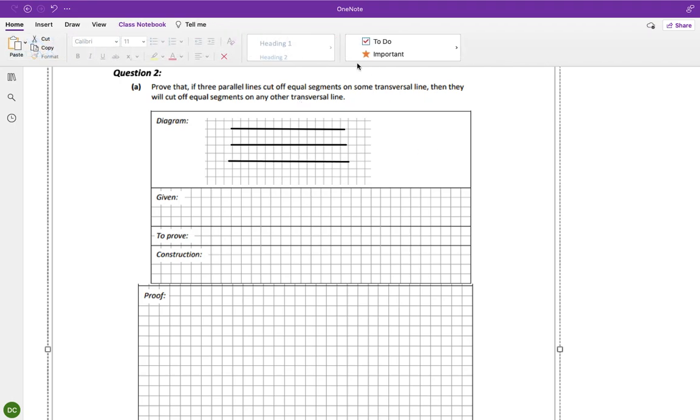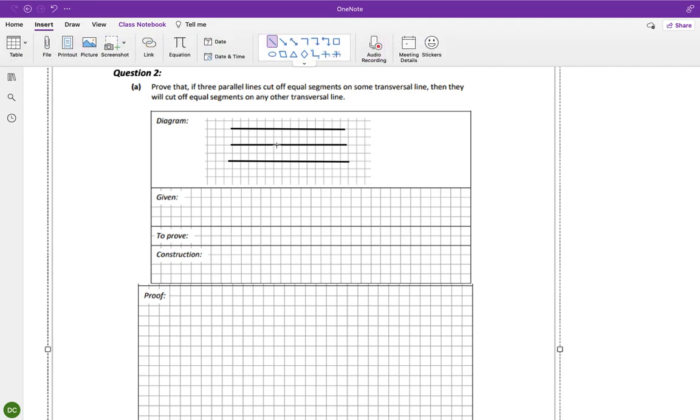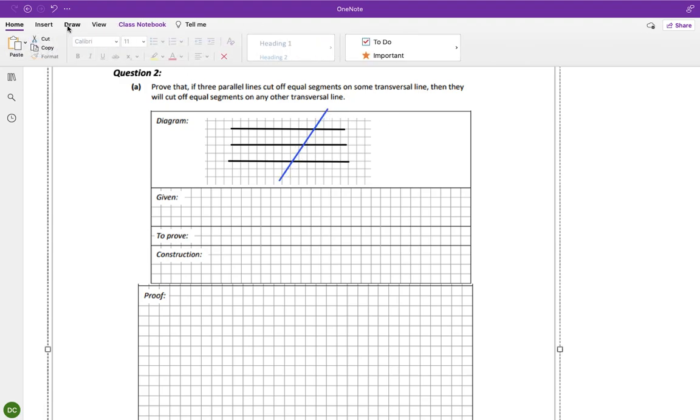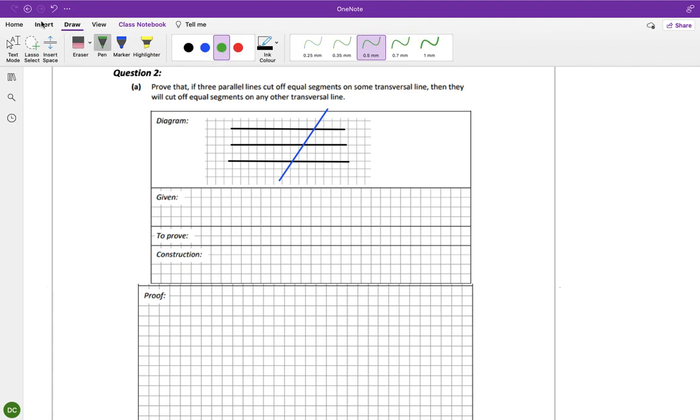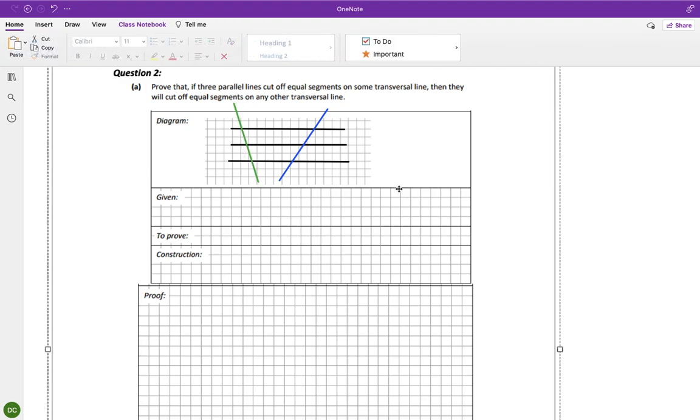And it looks like an N, doesn't it? So if we change to blue and insert a line that way, and then I'm going to go to green and I'm going to insert a line this way. Yeah? Right, so let's label that. I've lost my pen. Here it is. Hasn't fully come across here, which is annoying.